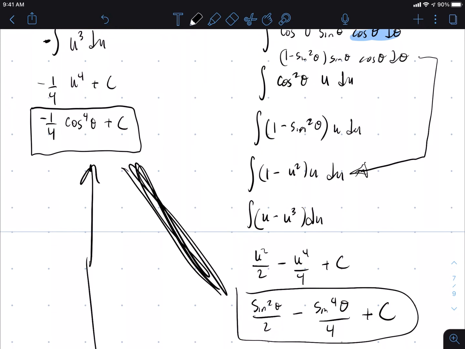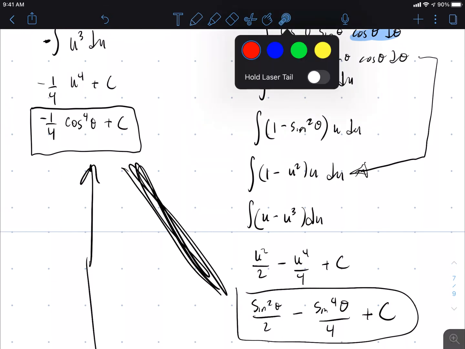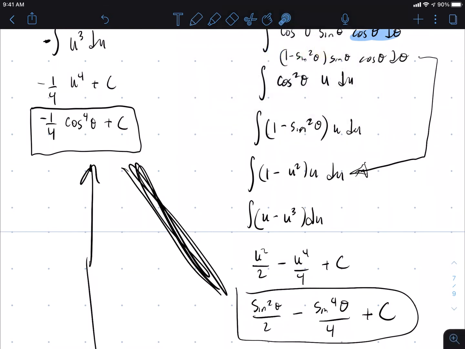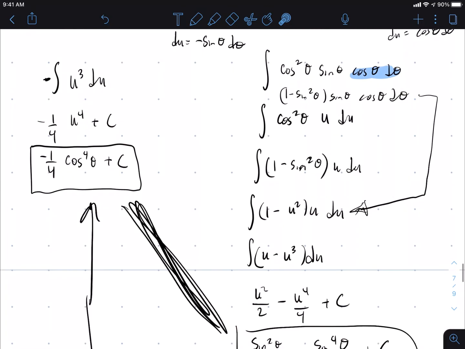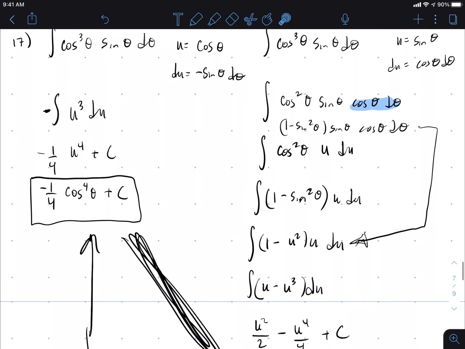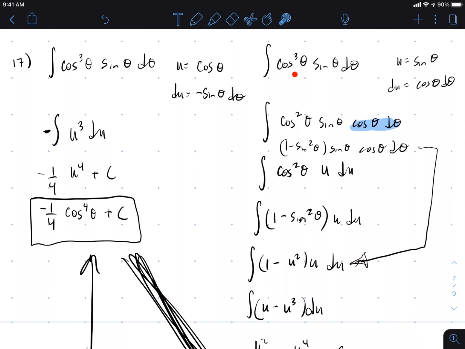Okay? You guys are like, what are you doing to us, Professor? What do you mean when you combine them into one? Like if you had cosine squared and sine cubed. Well, you'll learn that in Calc 2, but what I mean is, do you see how here I had cosine squared cubed and then sine?